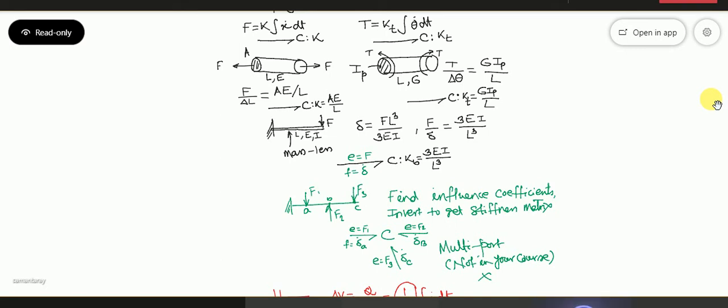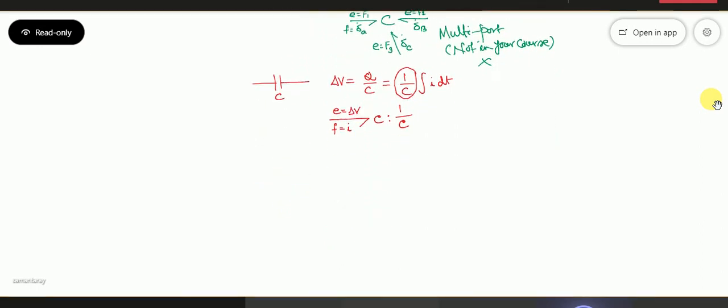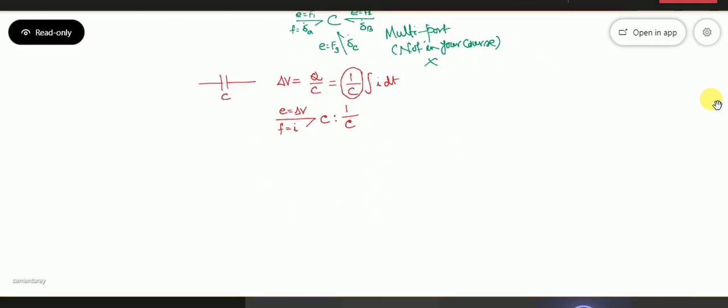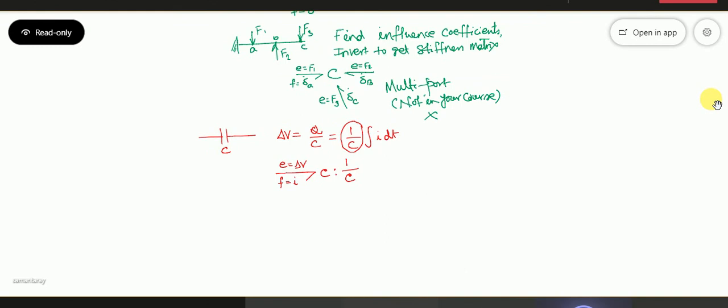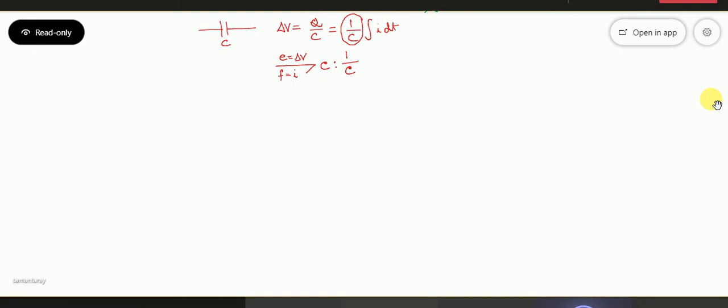So your parameter here, unlike stiffness K, and so on, we will use 1 by C. That is the difference with electrical domain. Let's move to magnetic domain, we will see later. Let's move to hydraulic domain.